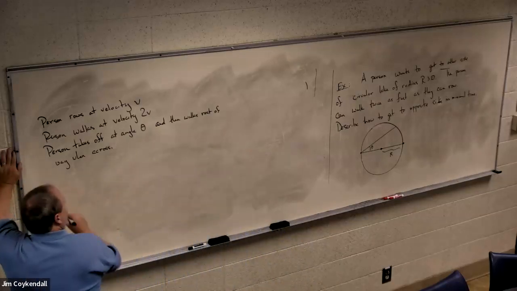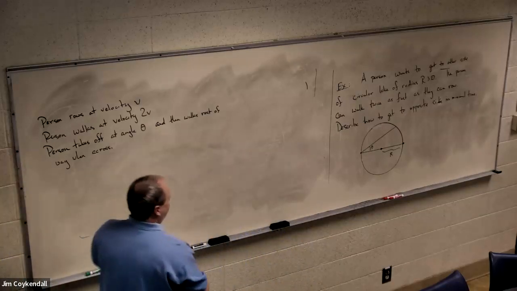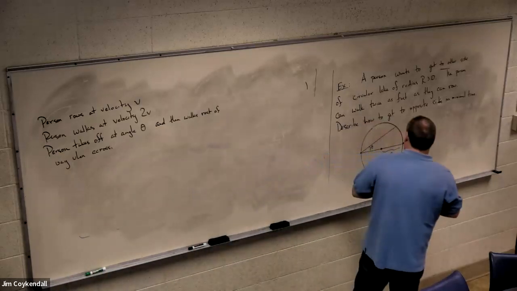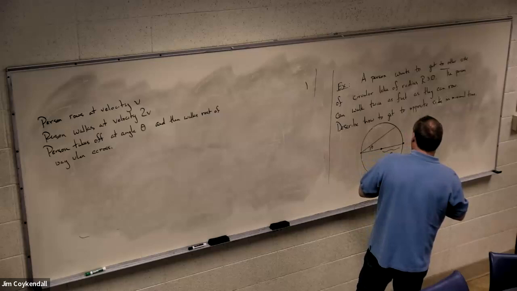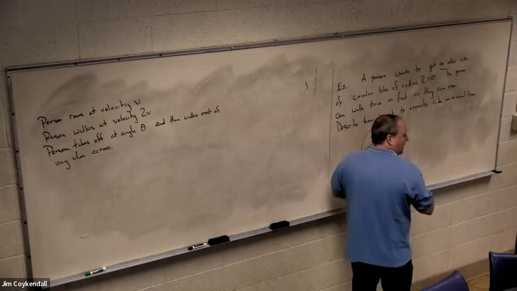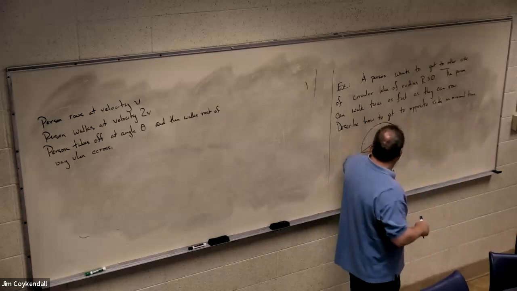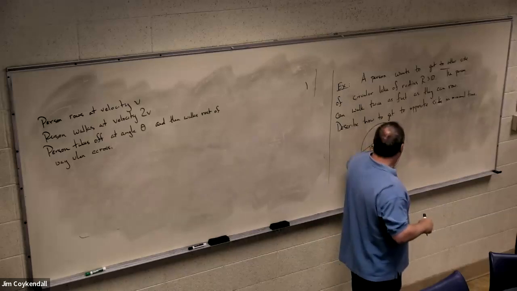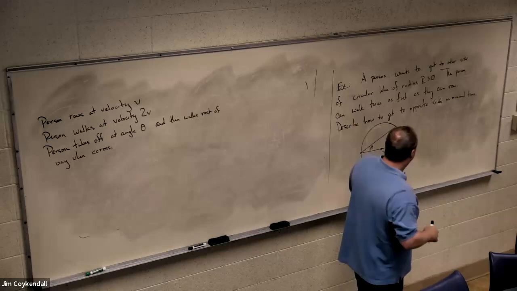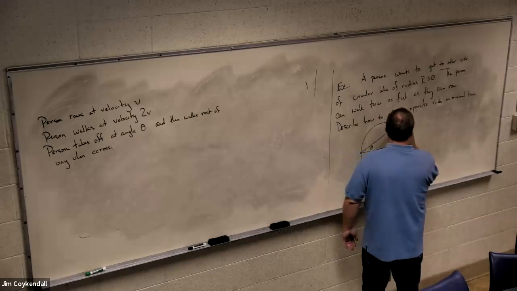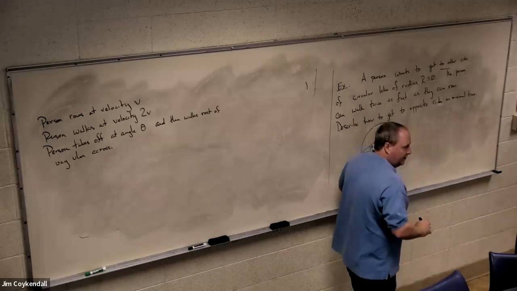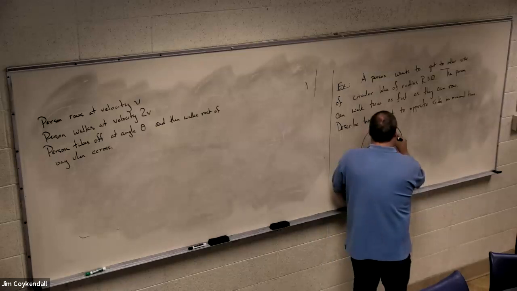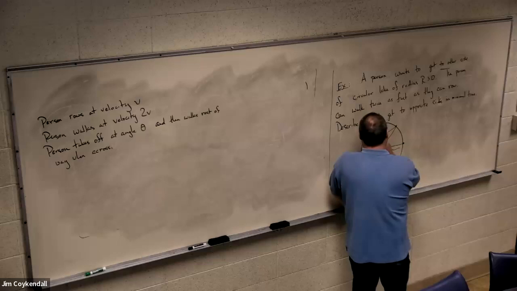I want to see rowing time. Well, I need to figure out some more distances here. Let's look back at this. I need to know how far they row and how far they walk. Everybody agree that they walk this far? And they row this.